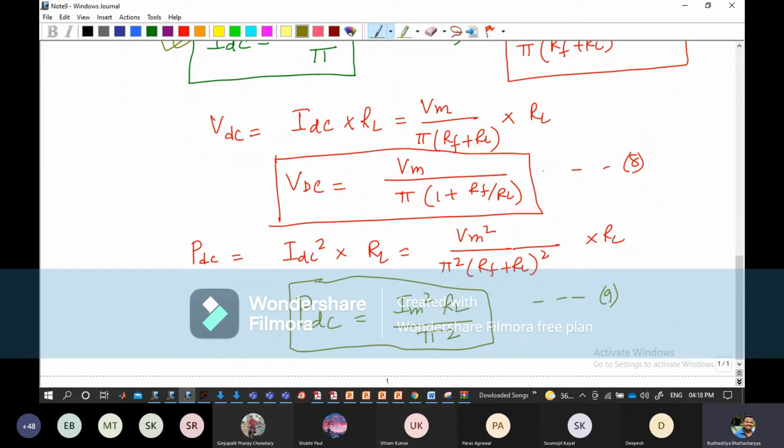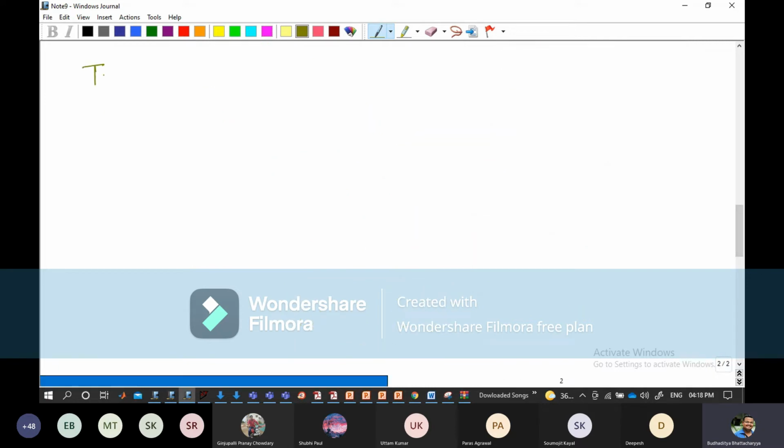Now, let me try to find out the RMS values, root mean square values, of the current and the voltage associated with this. So suppose I want to find out the total power, or not the total power but the AC power. I'll write it this way: total AC power.